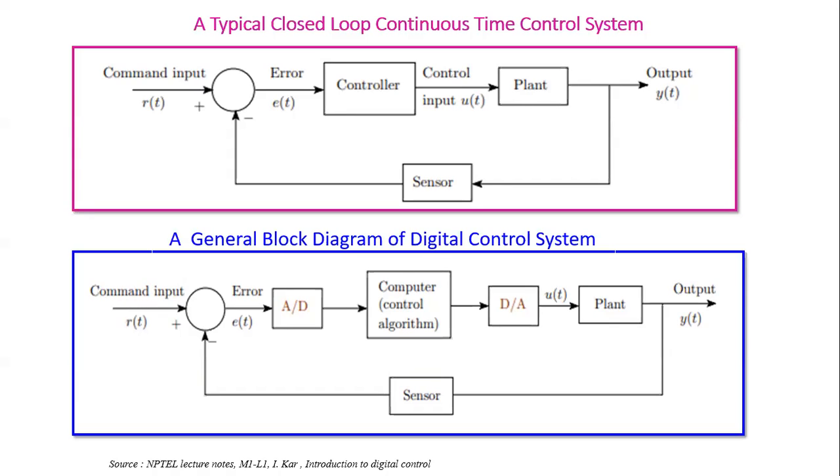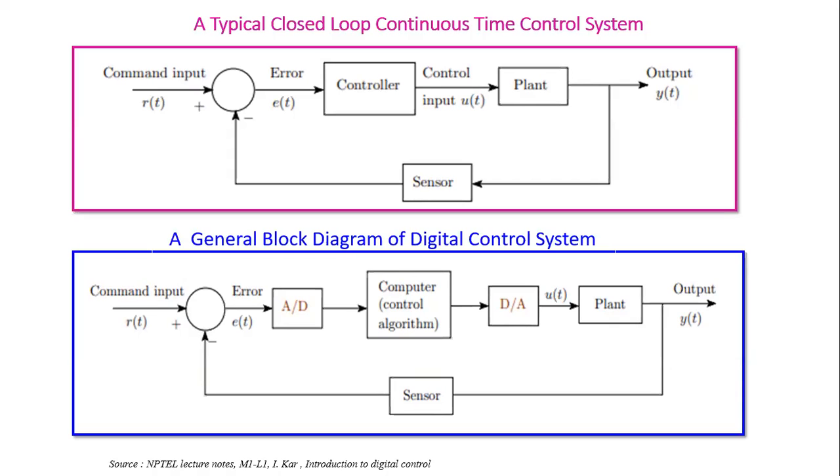So A to D and D to A are inseparable components of a digital control system. If you see the left half, the error is discretized and fed to the computer using an A to D converter, and after that the controller output is again a discrete signal which is applied to the plant after the D to A converter.